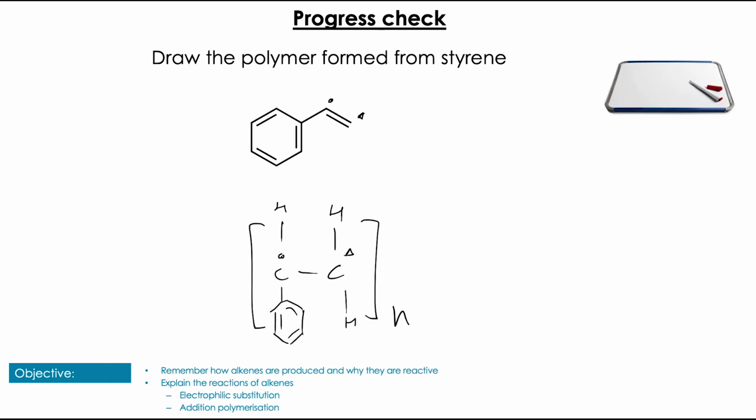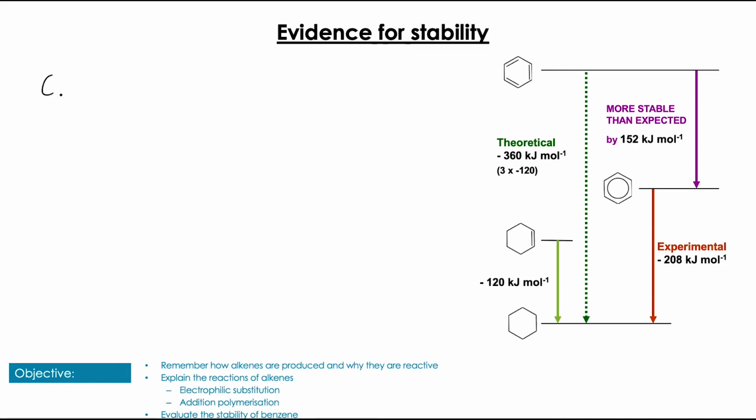So lastly I wanted to revisit and build on something we looked at in Unit 4, which is the structure of benzene, and to further explain its stability. One of the main things we can look at is the enthalpy of the cyclohexene ring.